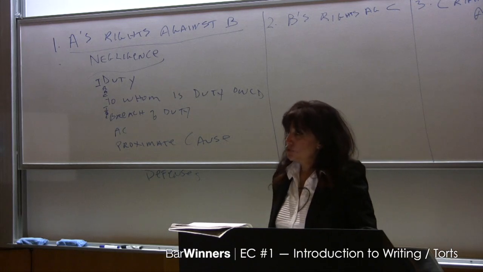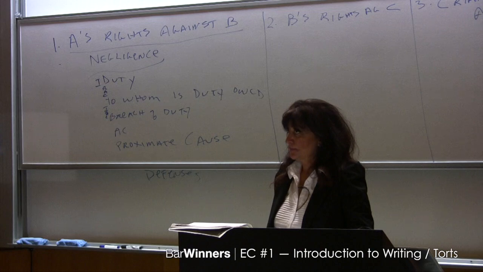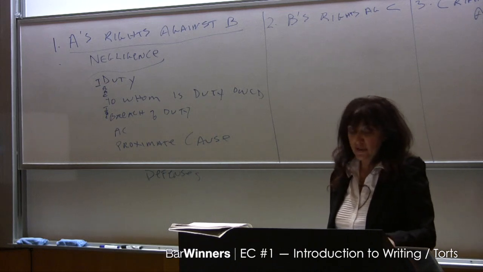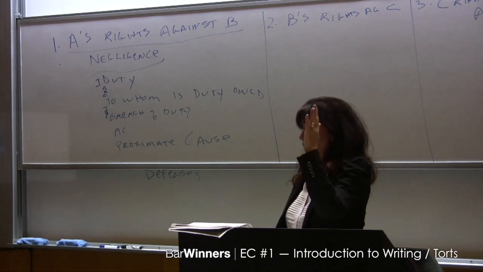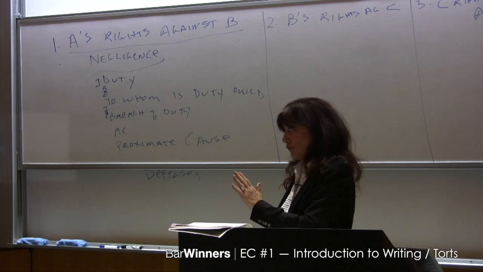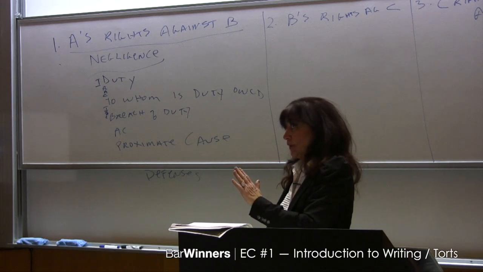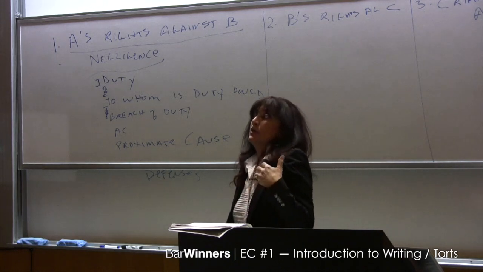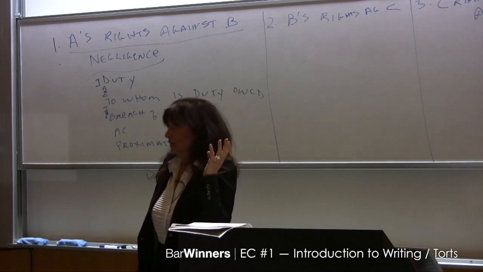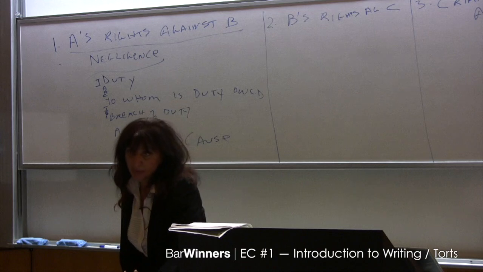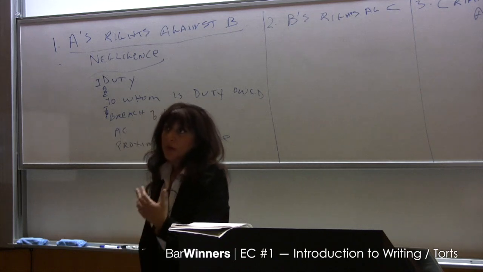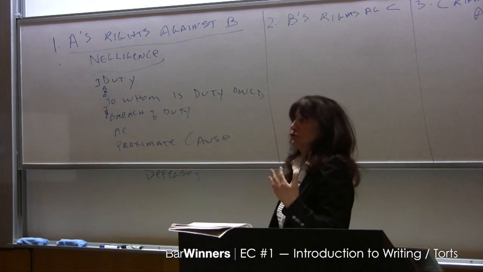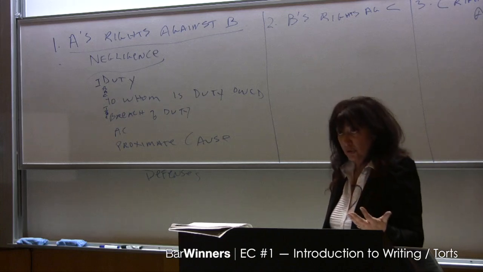Another gateway tort is misrepresentation. Misrepresentation is a gateway tort between a torts remedies crossover, because if someone's misrepresented something, you might want to get injunctive relief to stop them from proceeding. Misrepresentation crosses over with wills.